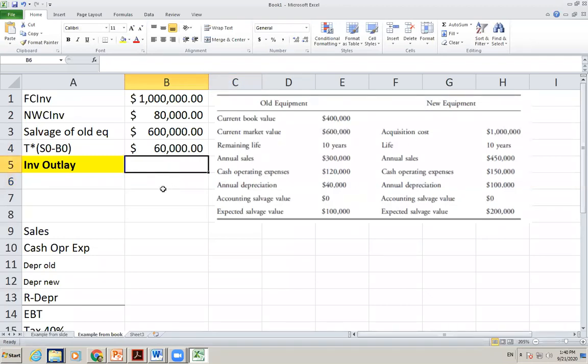And investment outlay, we're using the same formula: 1 million plus change in net working capital minus salvage value plus the tax amount.